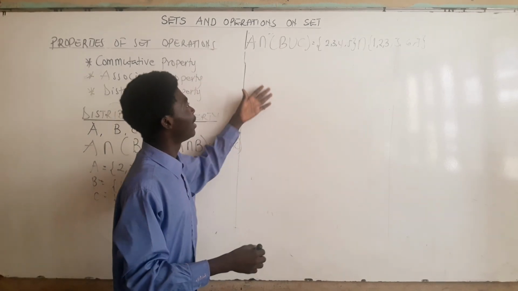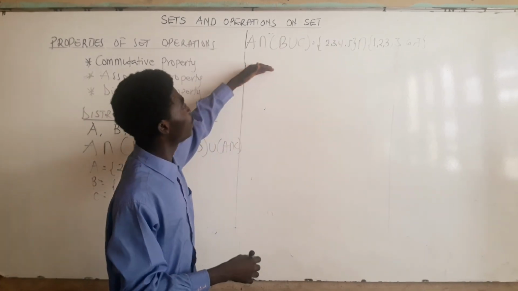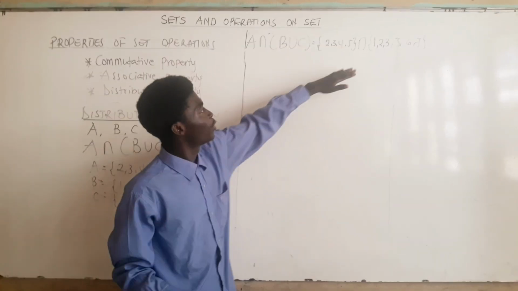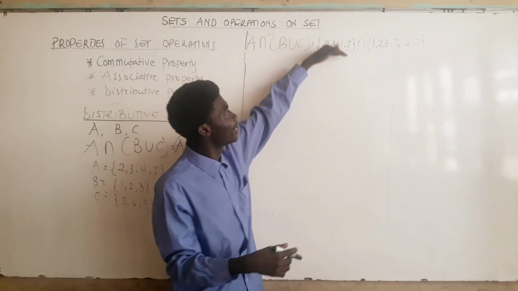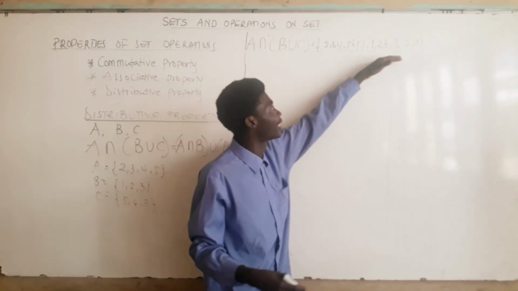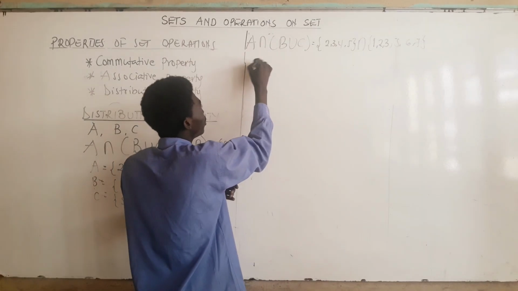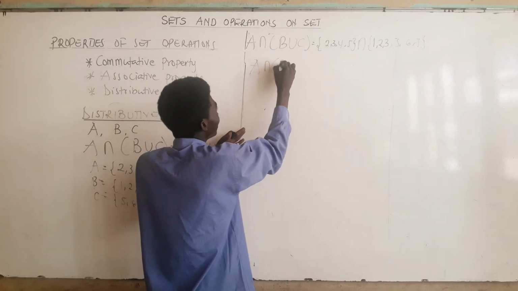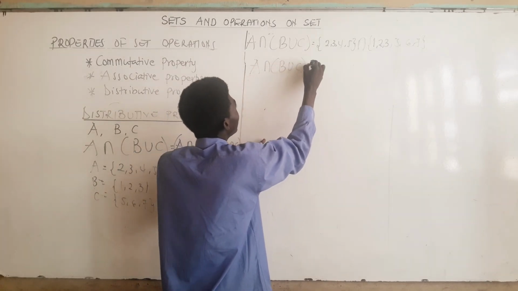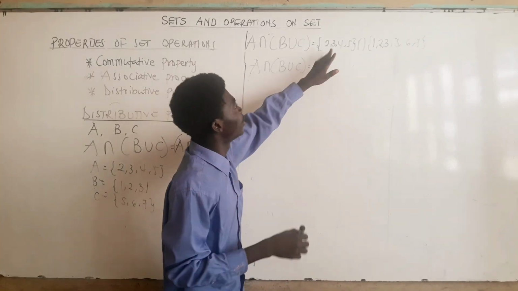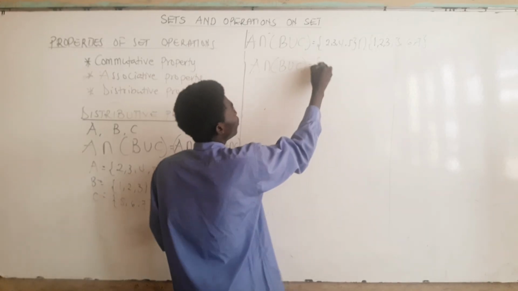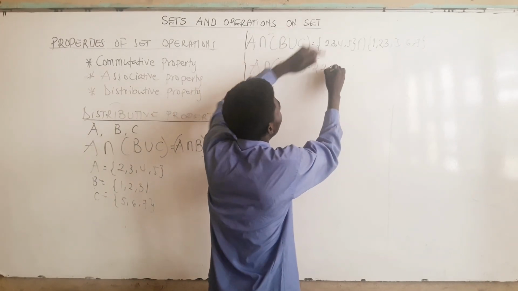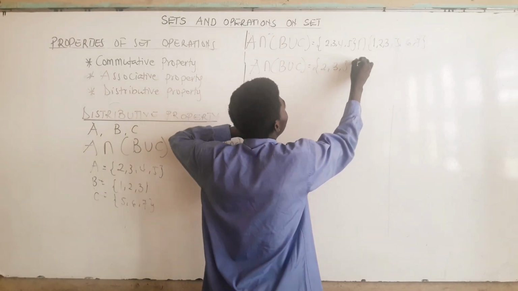Now, let's move on. At this point, the operation here is intersection. So, which elements can be found here and at the same time here? The result of the intersection distributing over the union is going to be 2, 3, and then 5.